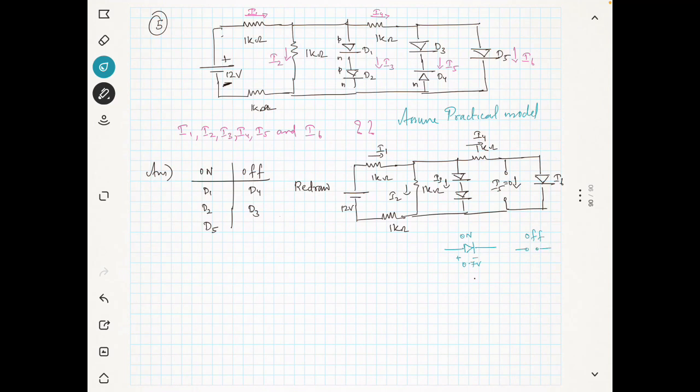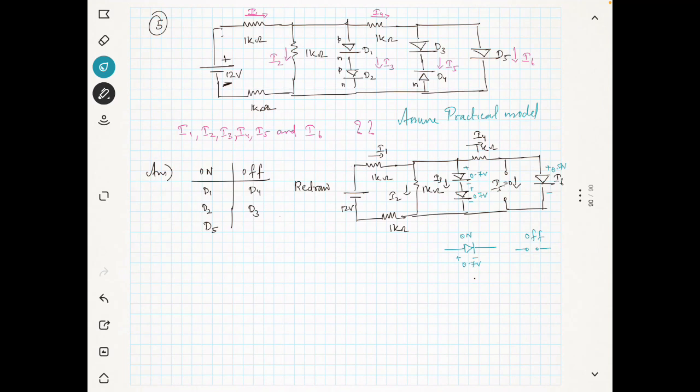So we can mark all the voltages across the diodes. That means this is plus minus 0.7 volt, and this is again 0.7 volt, this is also 0.7 volt.